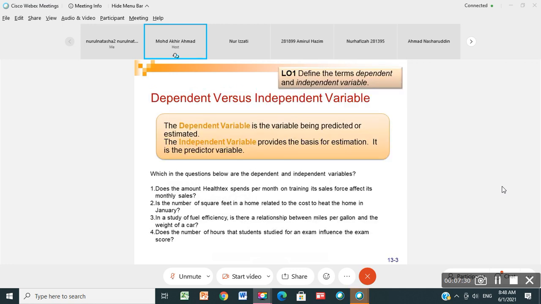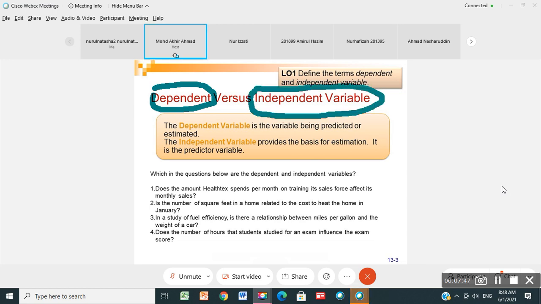Okay, then we go for first definition. So, what is dependent variable and what is independent variable? We learn about these two terms. Dependent variable, they call variable being predicted or estimated.